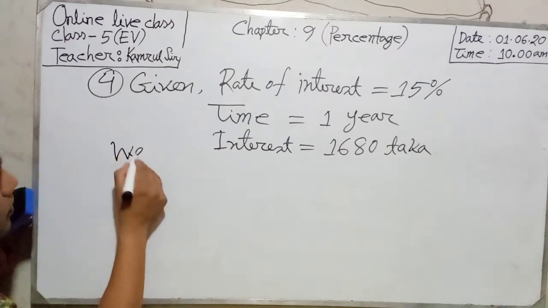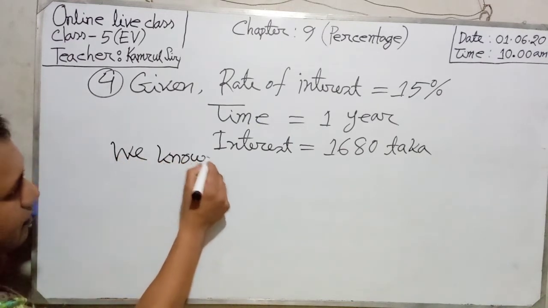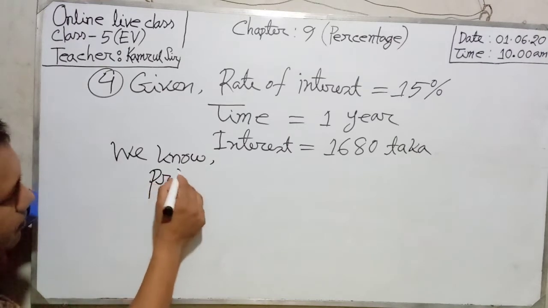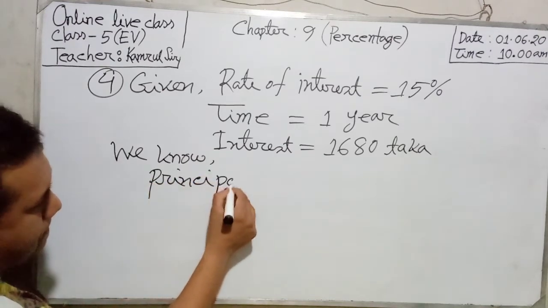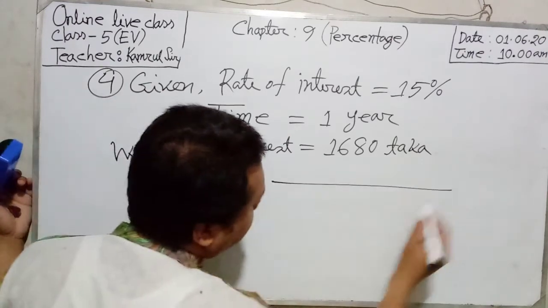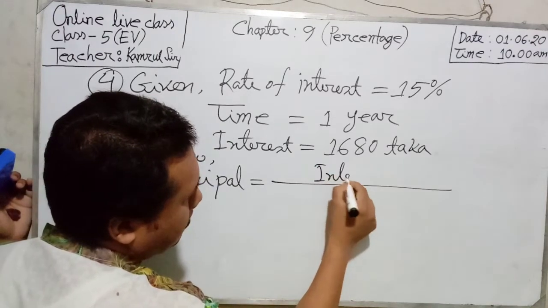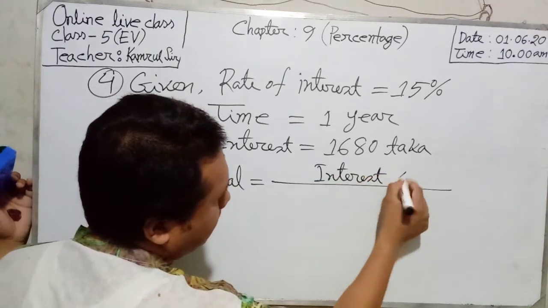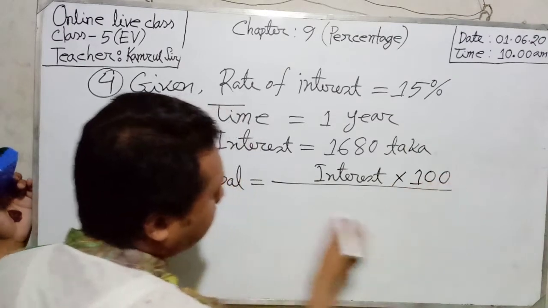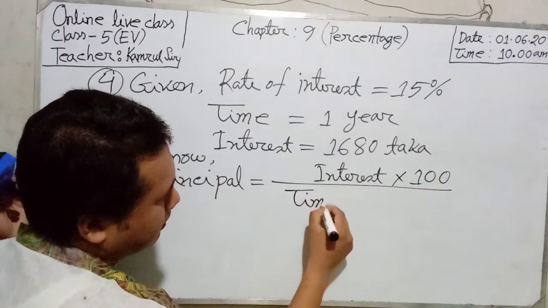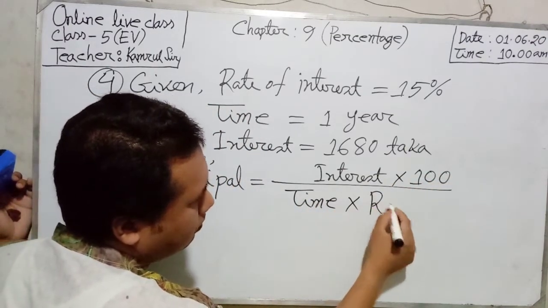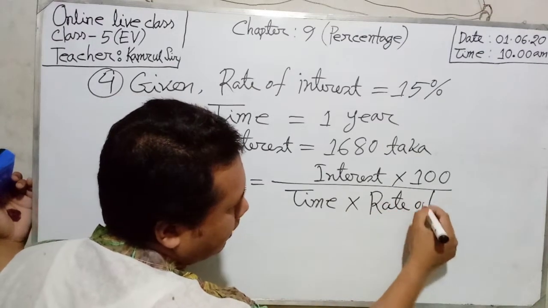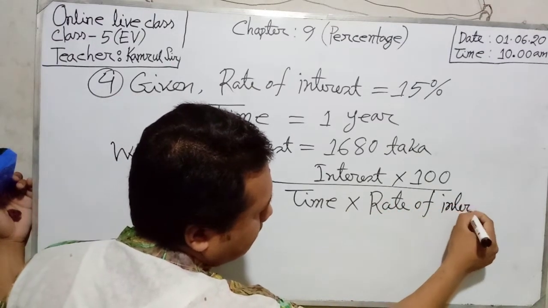Now write, we know principal equals interest into 100 divided by time into rate of interest.